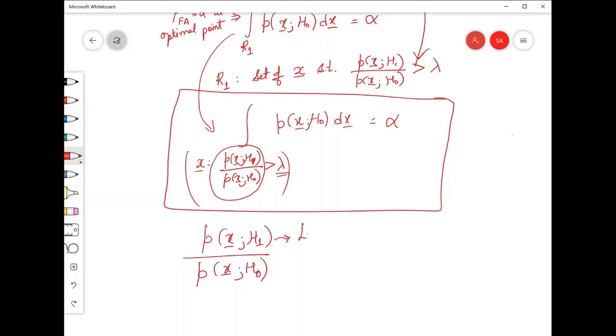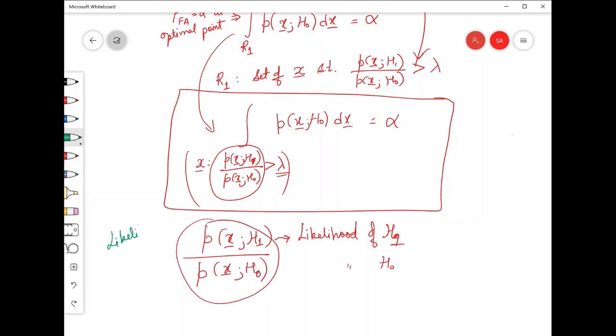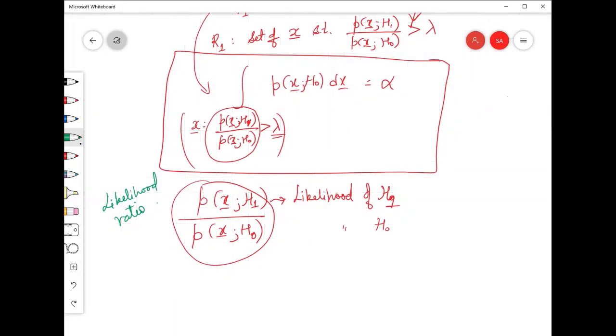This is the likelihood of h1 and this is the likelihood of h0, and combined this is called the likelihood ratio. I take the likelihood ratio of h1 and h0, put it into this equation of false alarm probability, equate it to alpha, and from here I will figure out my lambda.